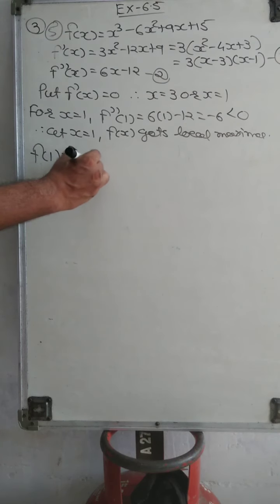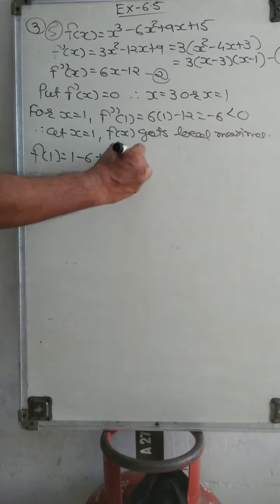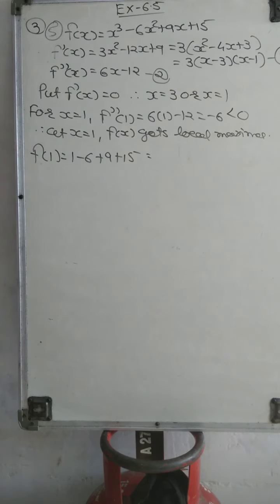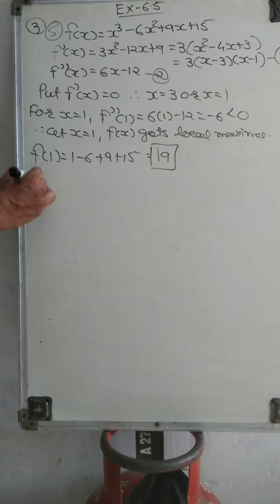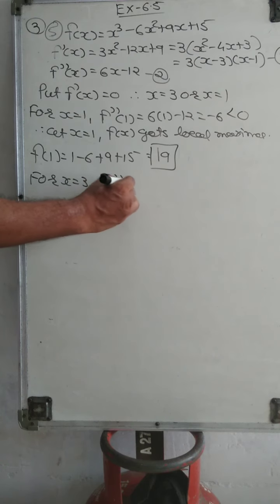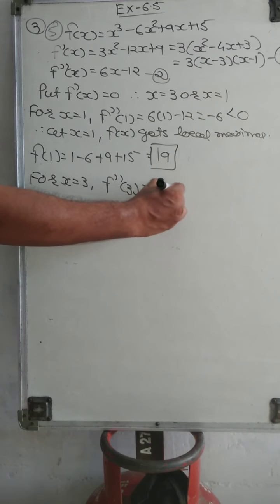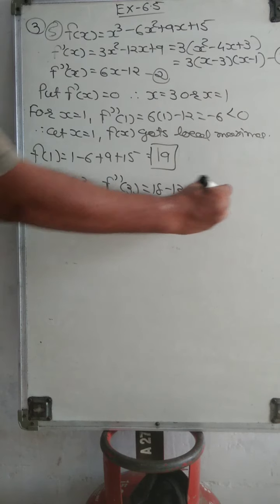It is 1 minus 6 plus 9 plus 15, which is 19. So the local maxima value is 19. Now for x equal to 3, f double dash 3 is 18 minus 12, which is 6, greater than 0.